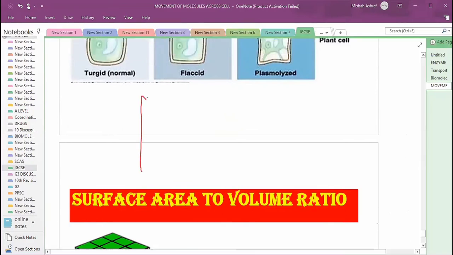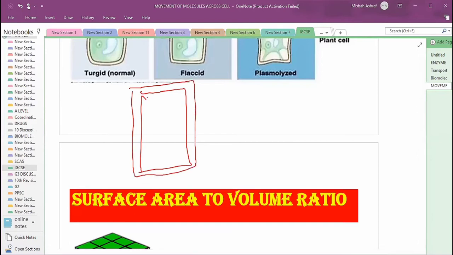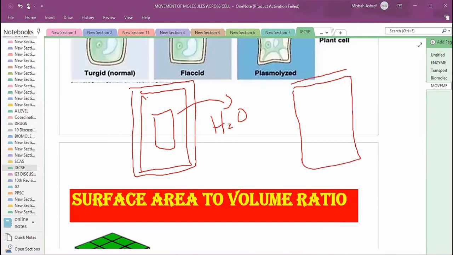This is the plant cell, right? And what happens in the plant cell? Water moves outside because of high concentration by the process of osmosis, and it will continuously occur. What happens? The cytoplasm of the cell shrinks.